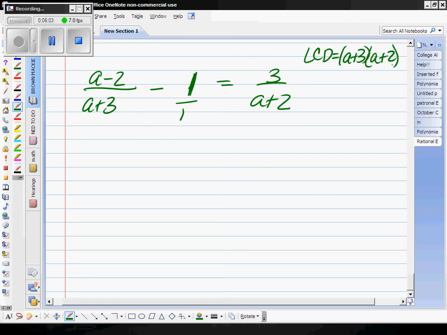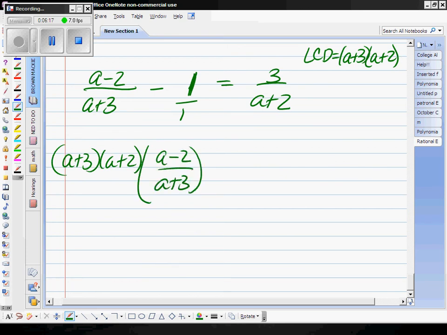So I'll multiply everything by a plus 3, a plus 2. So that'll give me a plus 3 times a plus 2 times the a minus 2 over a plus 3 minus a, I'll just leave it as minus 1 times a plus 3 times a plus 2.